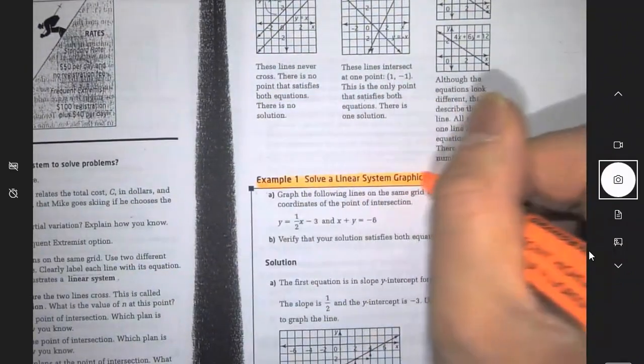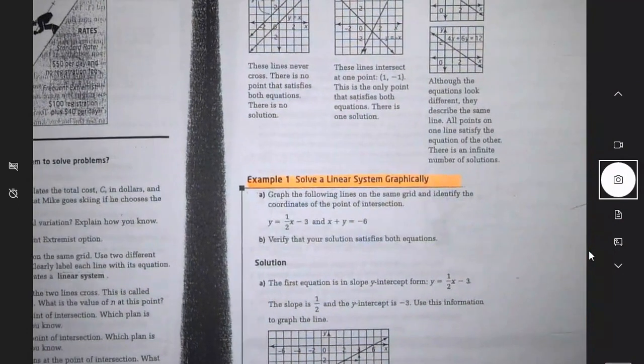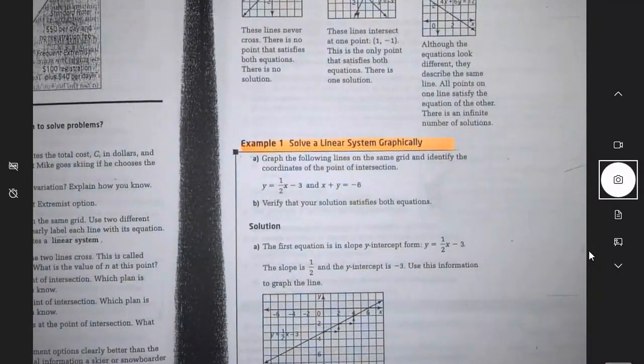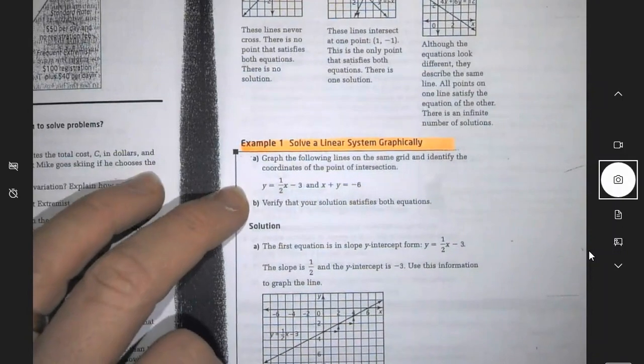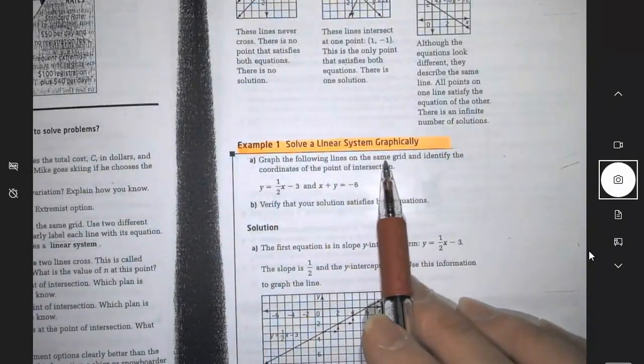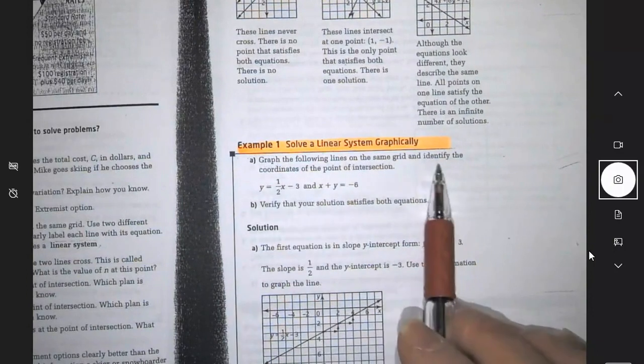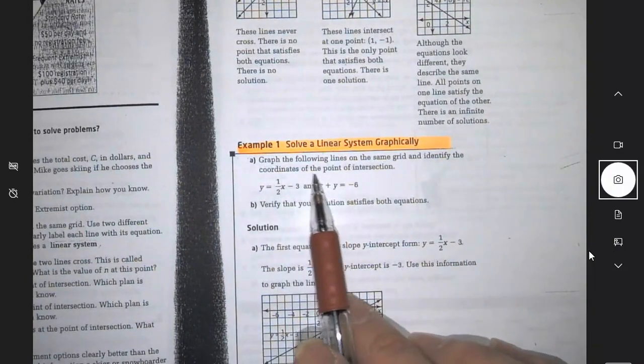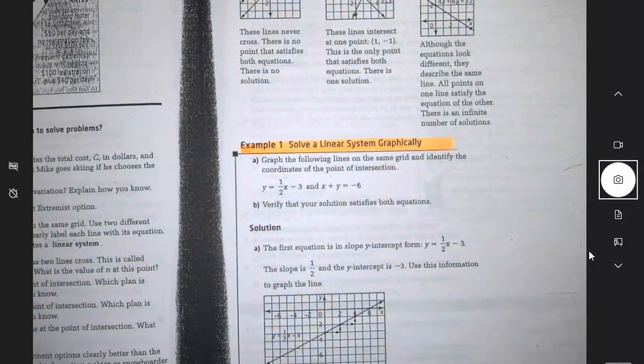Example number 1. Now, in this example, as you can see here, you have two equations. Graph the following lines on the same grid and identify the coordinates of the points of intersection.